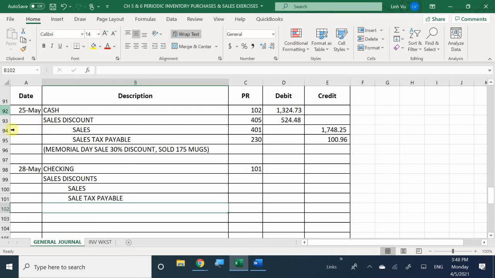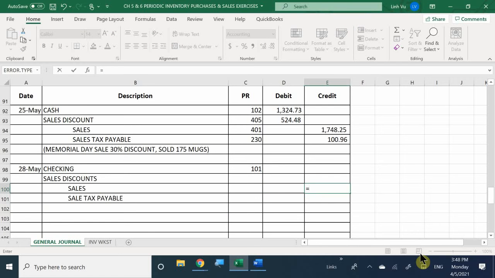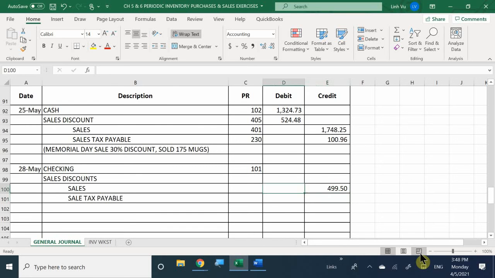Okay. So in this case, what was my total sales if I sold all 50 mugs? Let's just say I sold it for the original same price, $9.99. It'd be $499.50. And the discount, how much was the discount for? 10%.